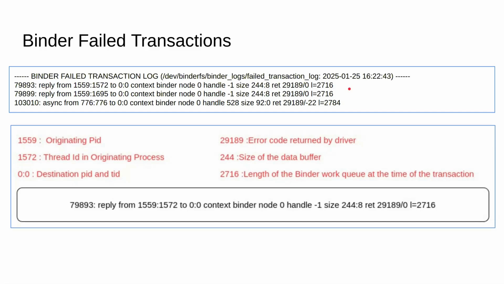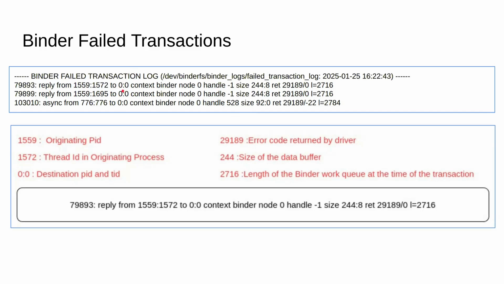So here 1559 refers to the PID from where the transaction originated, and 1572 refers to the thread ID from which the transaction originated.